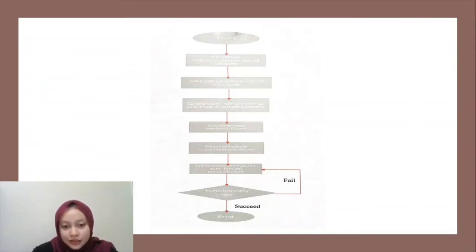When I've constructed it, I will do the functionality test, to see if the prototype functions like I want. The functionality test only stops there, and if it failed, I will improve on the final product.